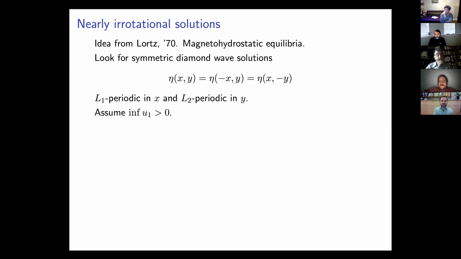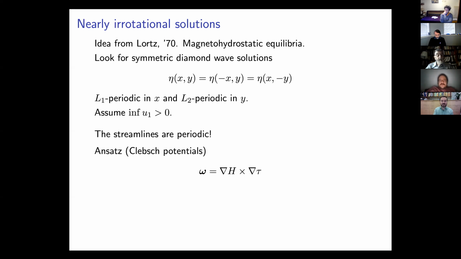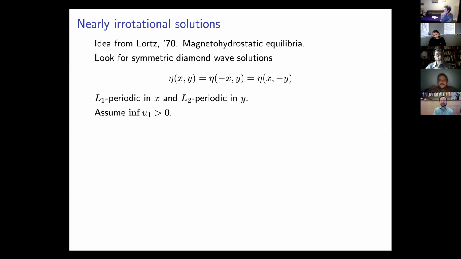Okay, so anyway, what we're doing in work in progress is constructing solutions which are close to irrotational, and the problem is not really an elliptic free boundary problem. There is a sort of elliptic-hyperbolic structure, and this causes a lot of problems.